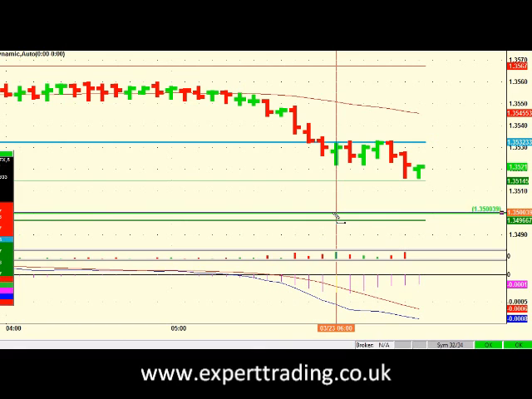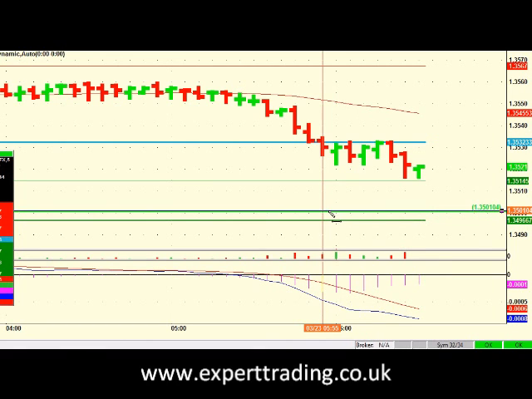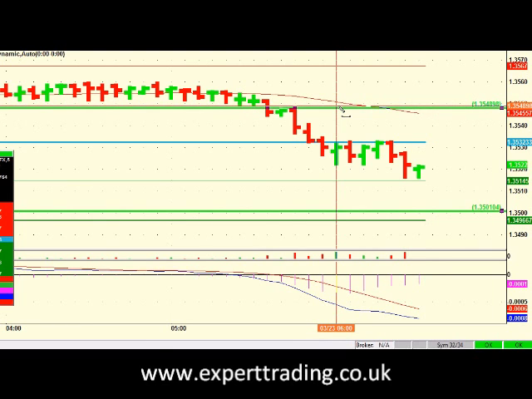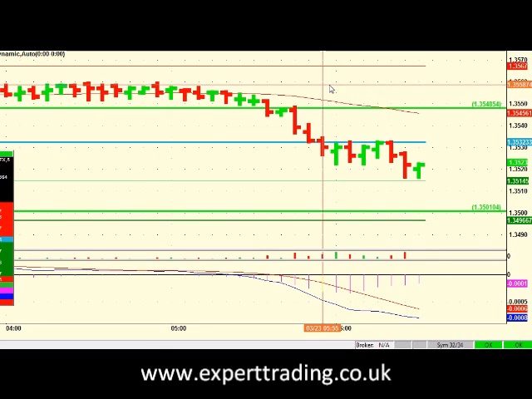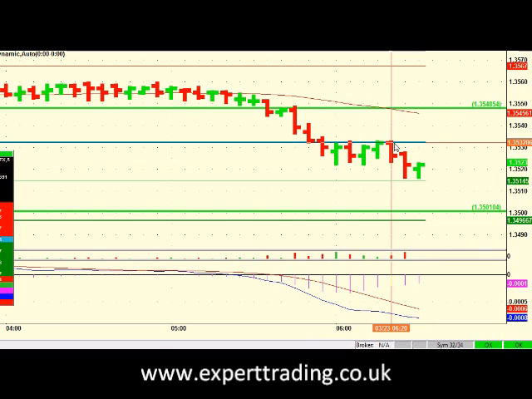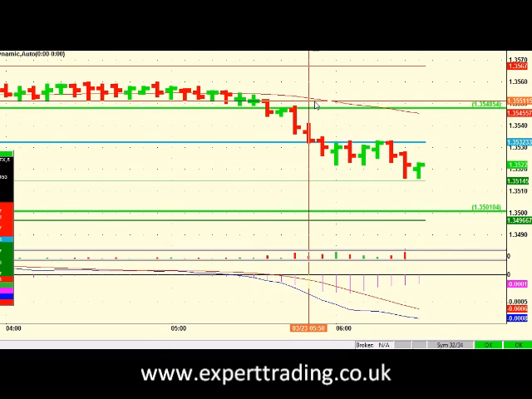So this is our take profit, and up here is our stop loss. So we're well protected on the stop now, because we've got a little retest here of the pivot and then a bounce down, so we're fairly confident.